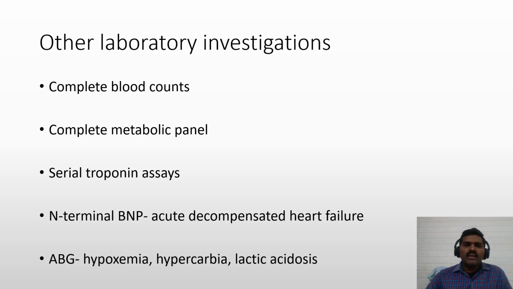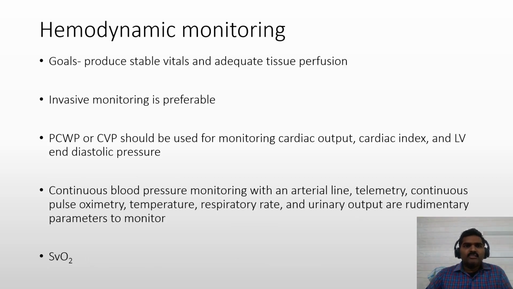Coming to hemodynamic monitoring in a patient with cardiogenic shock, the goals are to produce stable vitals and adequate tissue perfusion. Invasive monitoring is preferable because non-invasive monitoring is unreliable when there is severe vasoconstriction. Non-invasive monitoring will not give you appropriate values for the vitals.